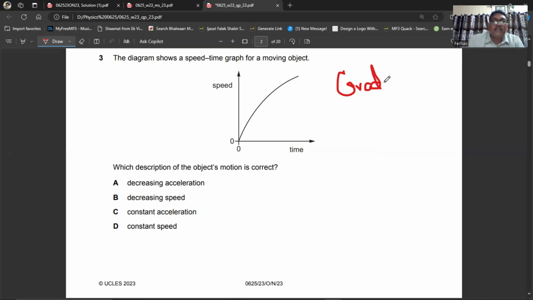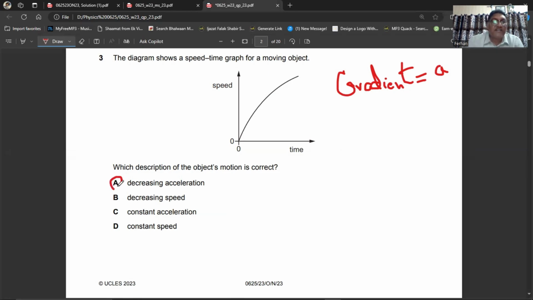If you look, the gradient is gradually decreasing. So if the gradient is decreasing, that means the acceleration of the object is gradually decreasing, because the gradient of this graph is equal to the acceleration. Decreasing acceleration? Yes, that is true.